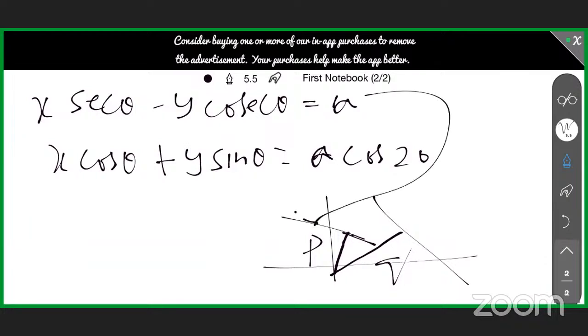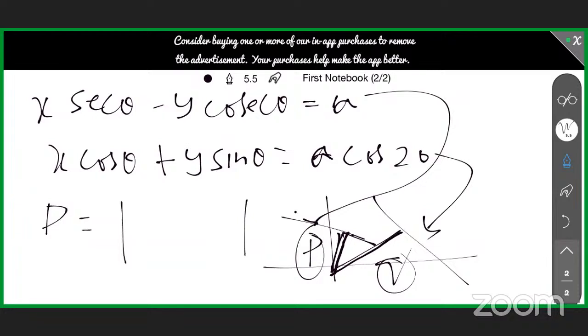We have to find the relationship between P and Q. First find P, the perpendicular distance, then find Q. If you're finding it difficult, I will do it. No problem.